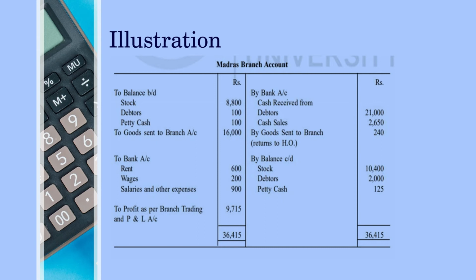Out of this 13,000, 1/5 is the loading amount, so 1/5 will be 2,600. If we subtract 2,600 out of this, it will come to 10,400. And this is the petty cash closing balance 125. So total is 36,415.